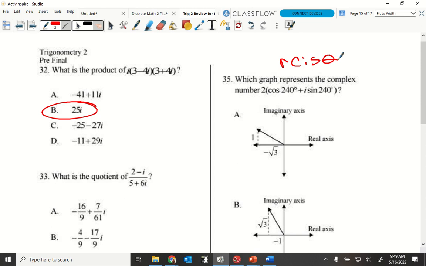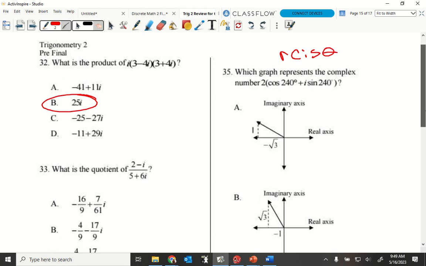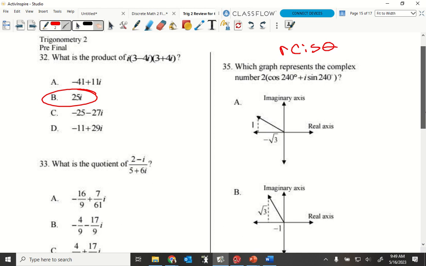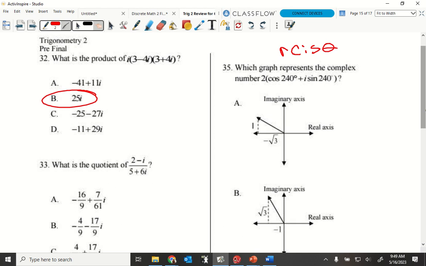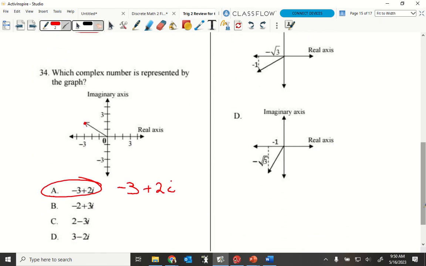It's quadrant 3, right? Okay, so I know it's supposed to be in quadrant 3. And my radius is going to be 2. So, that means that it is going to be, let me see, that is, what's that, 60 degrees there? Yeah, it's going to be 60. It's 180 minus that. It's going to give me 60. So negative 60, so it's D.